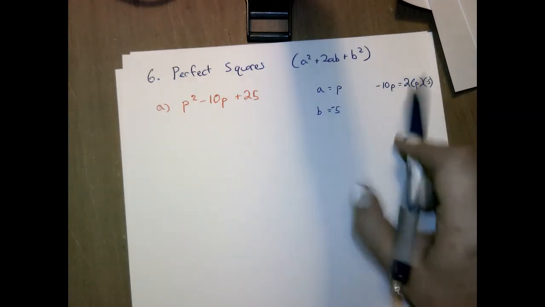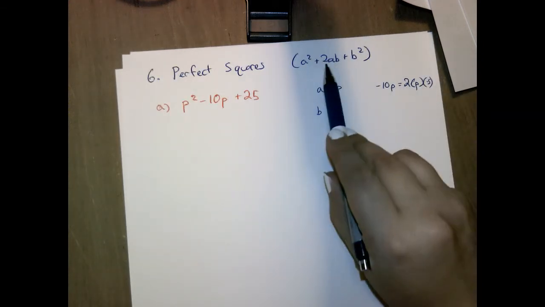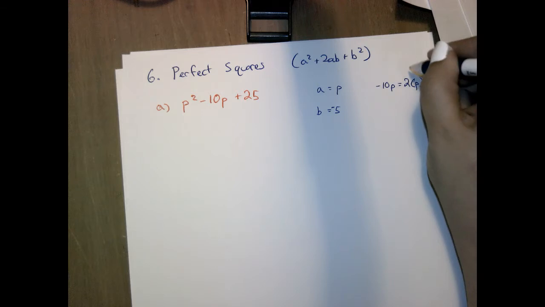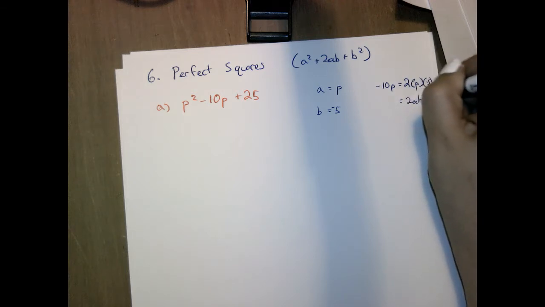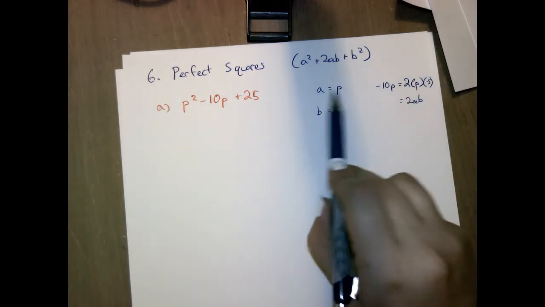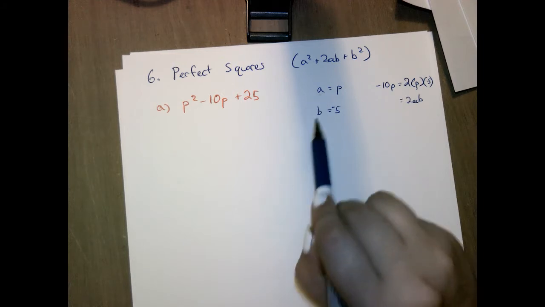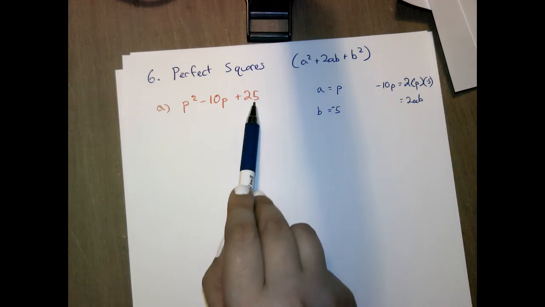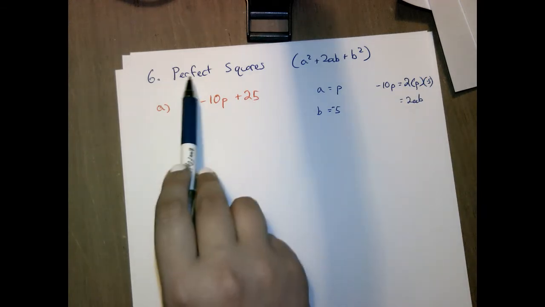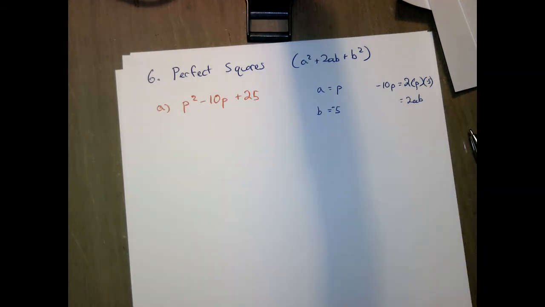So that means I have a middle term that is equal to my 2ab, and I have a first term that is equal to my a squared and a third term that's equal to my b squared. That means that this is a trinomial that satisfies the requirements of a perfect square.